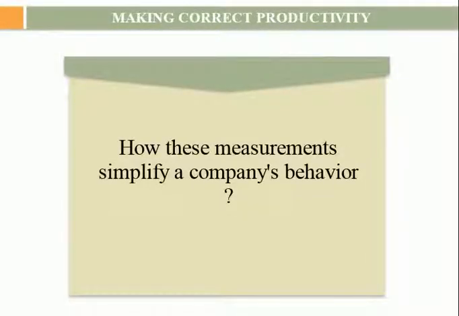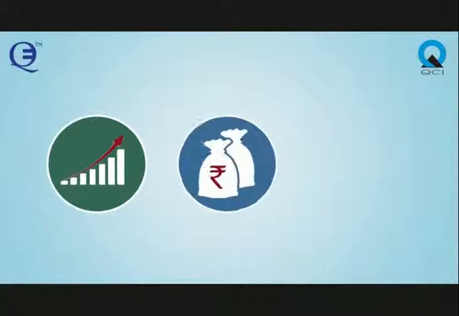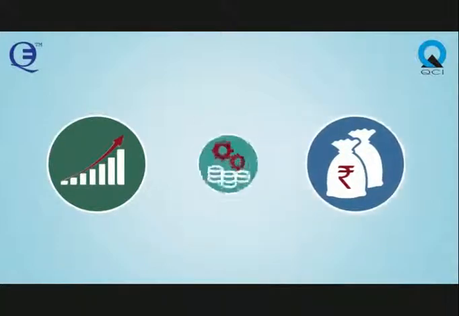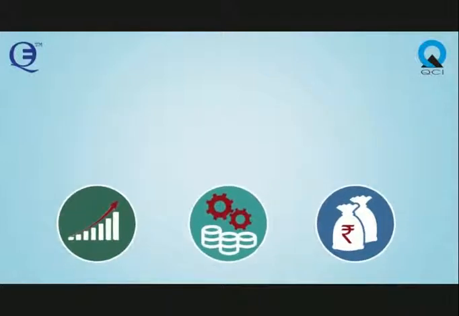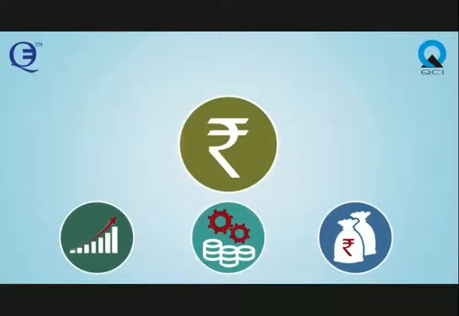Let's look at another way how these measurements simplify our behavior. Throughput, investment and operating expense. All these are measured in rupees. Don't you think it's easier to now relate rupee to rupee?